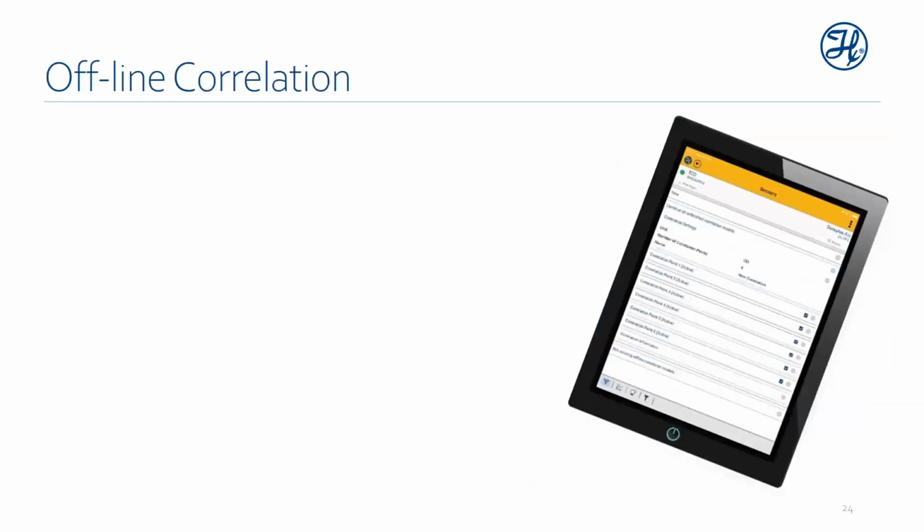In addition, within the sensor itself, we have an offline correlation mechanism, and this is an important component to use if you intend to use the multi transmission reflection output mechanism.